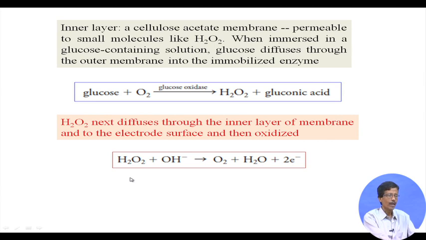So, do not try to learn all this in a fashion that you will be learning only glucose, but it is not that. You have to apply this if you know the basic understanding of what is forming and how we are detecting it electrochemically, which is the formation of hydrogen peroxide.